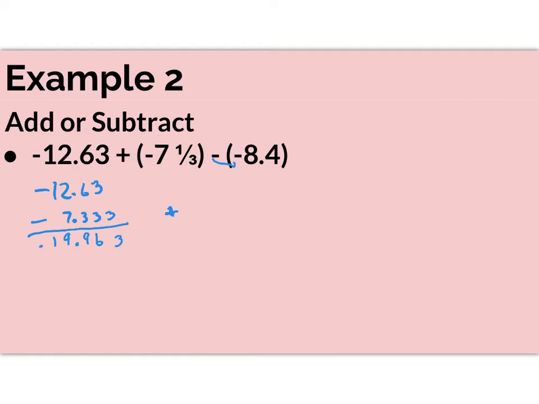Same signs add, so we get negative, then plus 8.4. Different signs will subtract, so we're going to subtract, put a 0 in for place so that you know, and line up your numbers, and negative 11.563. So on the next slide, I'm going to show you how to enter this into the calculator.